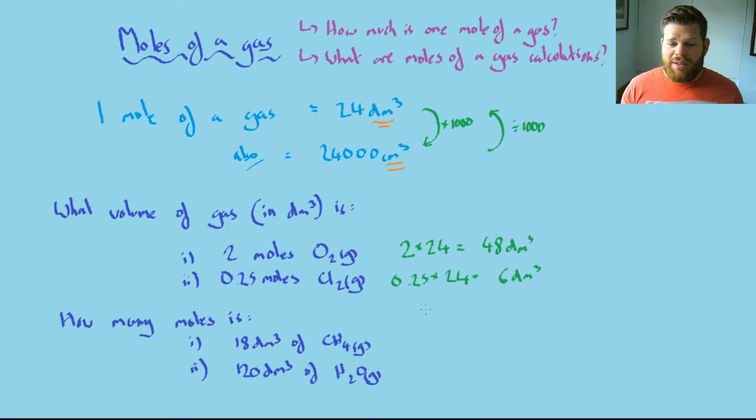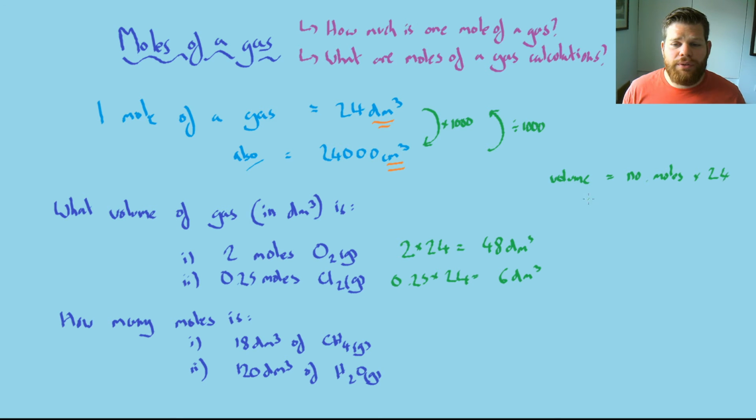How many moles is 18 decimeters cubed of methane? So let's think about what we've got to do here. We know that the number of moles multiplied by 24 equals our volume.